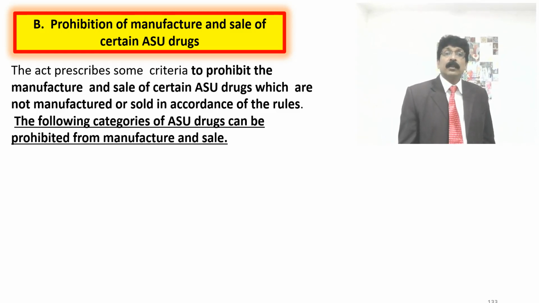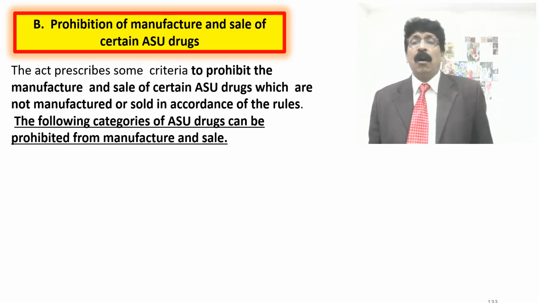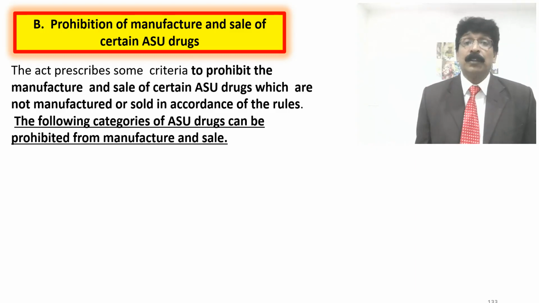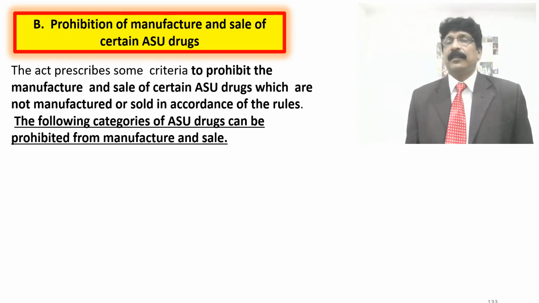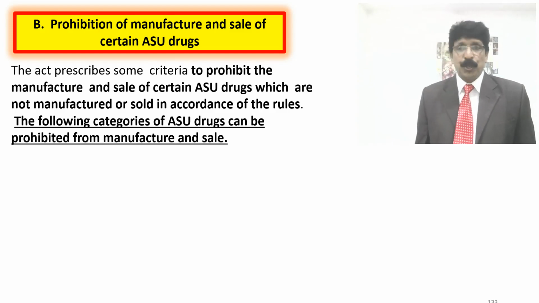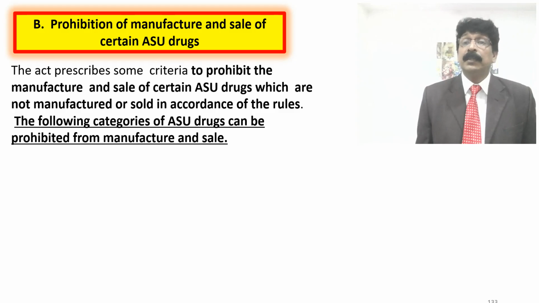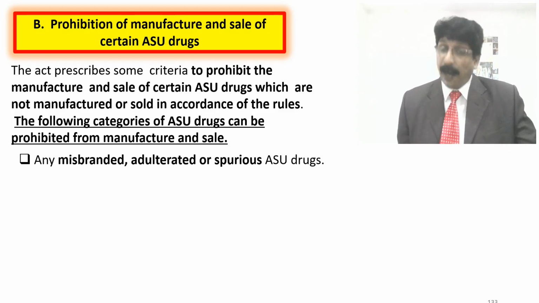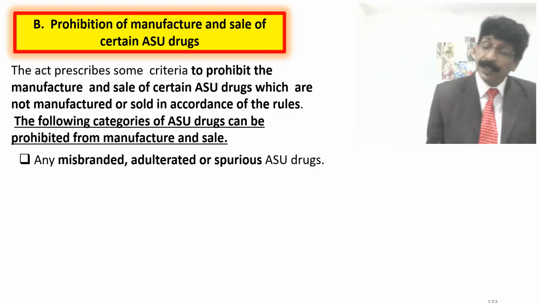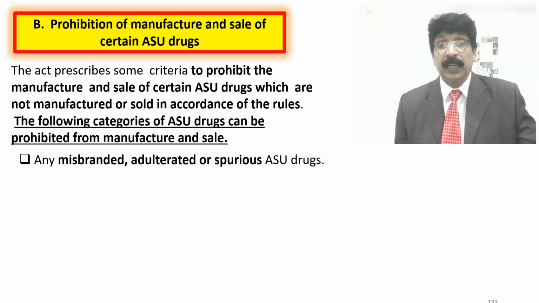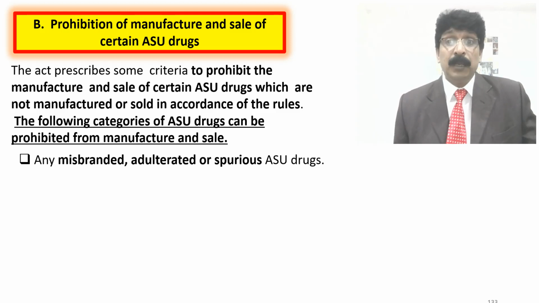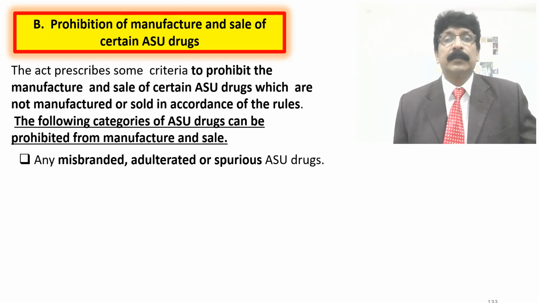The following categories of Ayurveda, Siddha, Unani drugs can be prohibited from manufacture and sale. So you should know which all will be prohibited by the authority. 1. Any misbranded, adulterated or spurious Ayurveda, Siddha, Unani drugs will be prohibited. It will be restricted or prohibited by the authority.